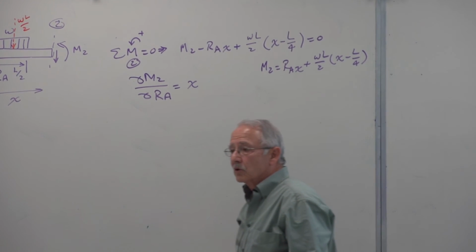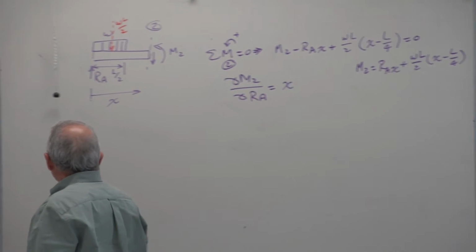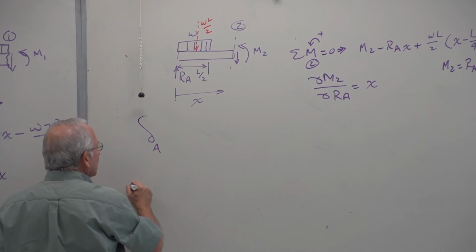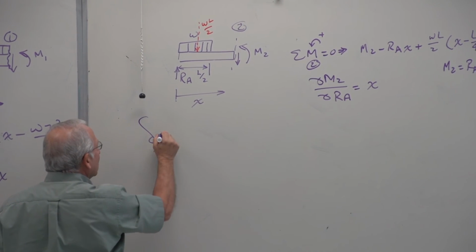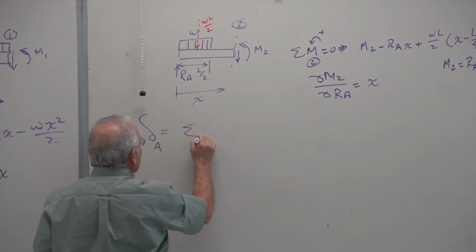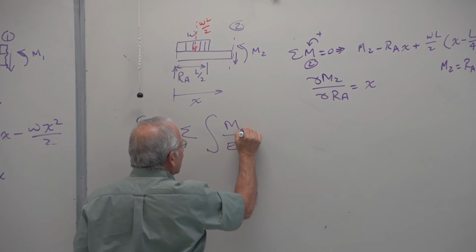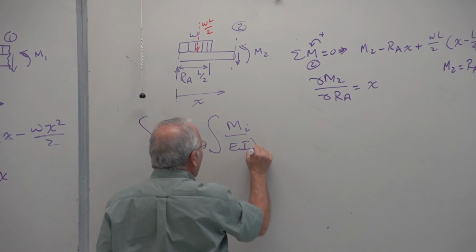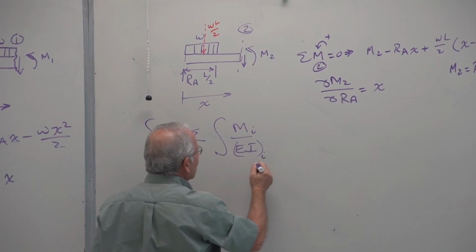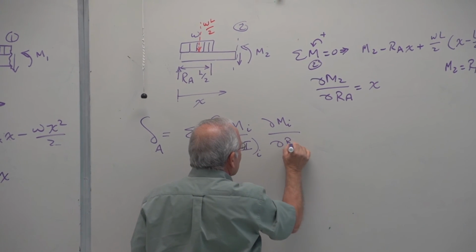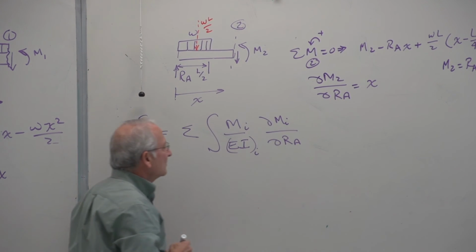Now we use Castigliano's theorem, which says that delta A, the deflection at point A, is the summation of the integral of Mi over EI, just in case they're different, times the partial of Mi with respect to RA.